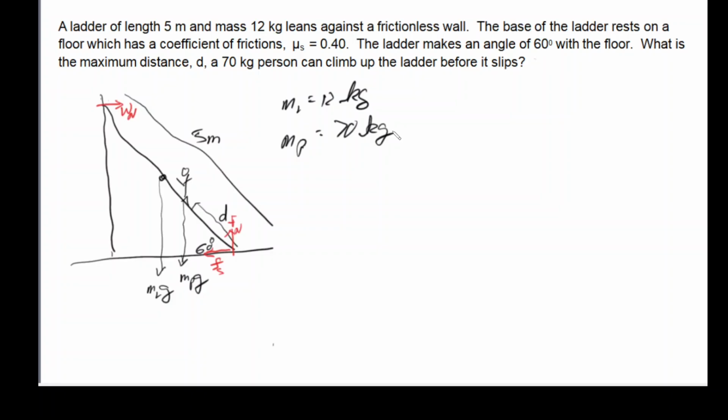So we're going to put our axis of rotation here, because then we can eliminate Fn and Fs to make our calculation easier. And we also know that the force of friction is equal to the coefficient of friction times Fn in this case.